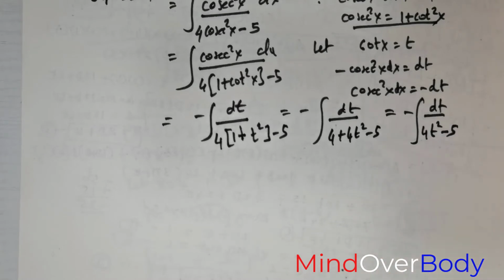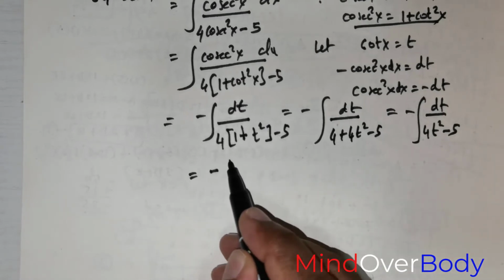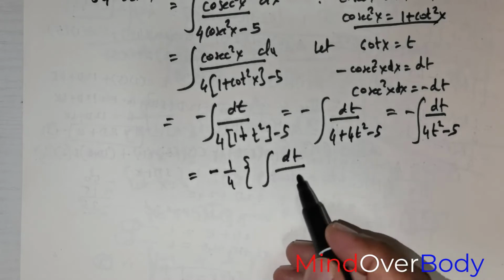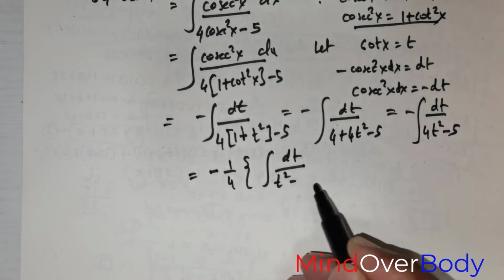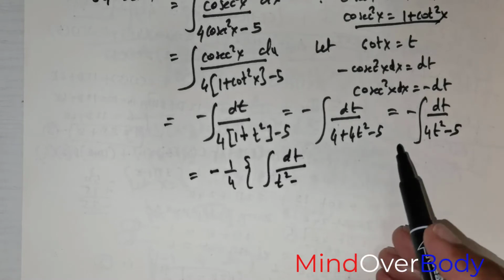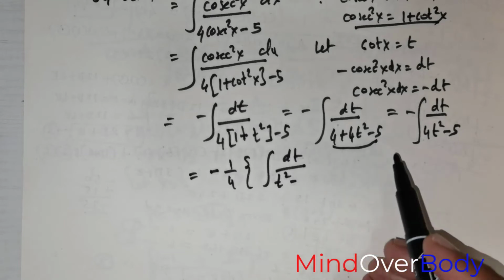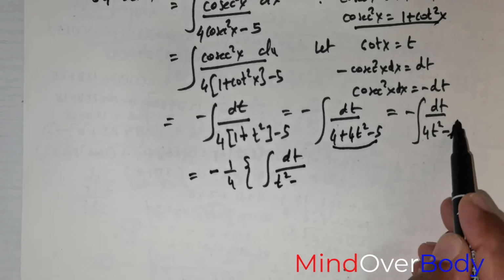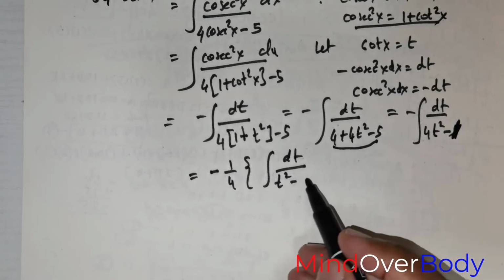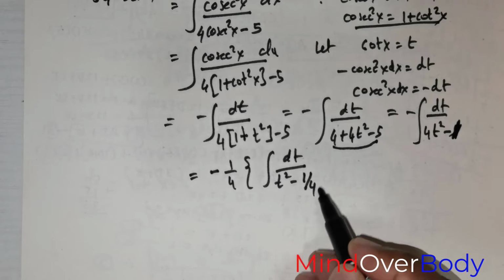So what I can do is I can take 4 out. So that's going to be negative 1 over 4 integral dt over t squared minus. In fact, this is not minus 5 because 4 added with minus 5 would give me minus 1 here, right? So this is going to be negative 1 over 4.